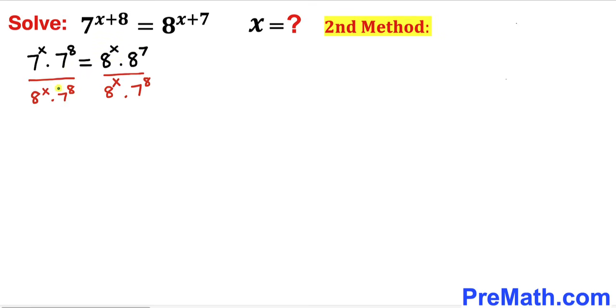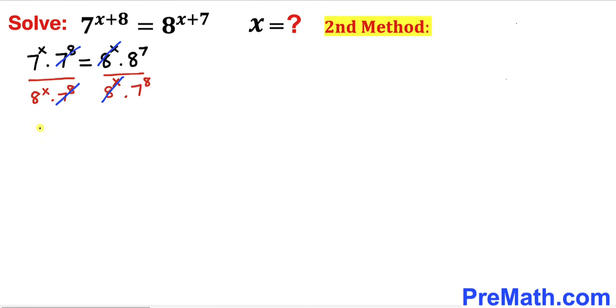And in this next step, I'm going to divide both sides by 8 power x times 7 power 8, as you can see. And here we can see this 7 power 8 and this 7 power 8, they cancel each other out. And likewise on the right hand side, this 8 power x and this 8 power x are gone as well.